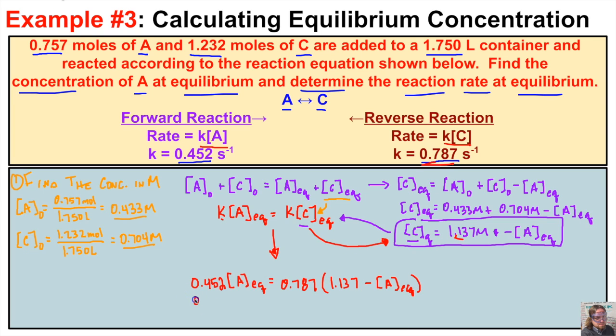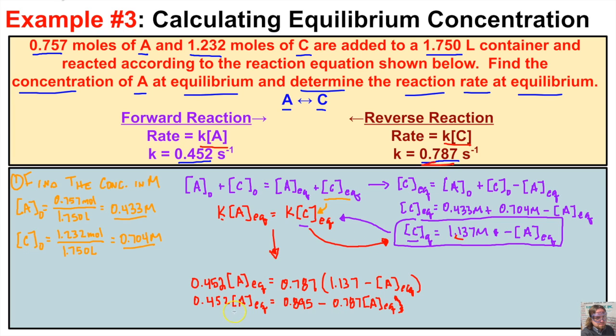And we're going to end up with 0.452 times the concentration of A at equilibrium equaling this times this, 0.787 times 1.137, which is equal to 0.895, minus 0.787 times the concentration of A at equilibrium. Guess we don't need the parentheses here.